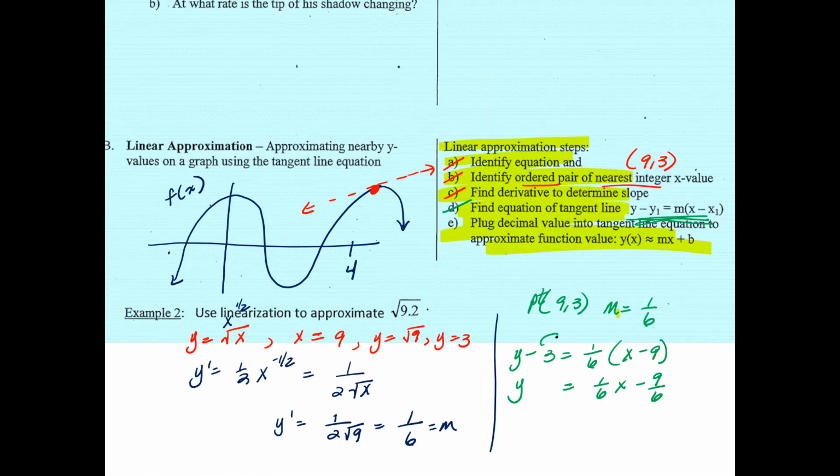Move the 3 over, which becomes a positive 3. Combine your common denominators. So 3 times 6 is 18. Negative 9 plus 18 is going to give you a positive 9/6. So y is equal to 1/6x plus 9/6.